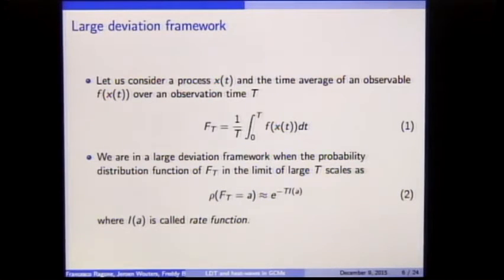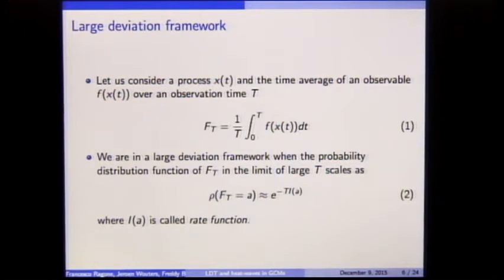Of course this is something that everybody knows here, but since these algorithms have been developed in the large deviation framework, I define a few things. I consider a process, which in my case is the state of the climate evolving, and I consider a time average of a certain observable, which in my case would be, for example, the area average over Europe of the surface temperature.